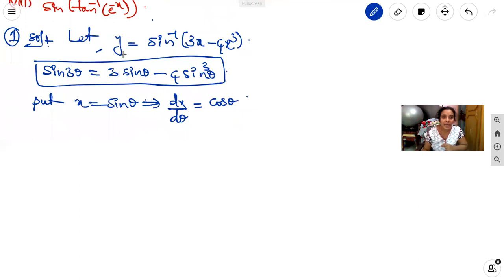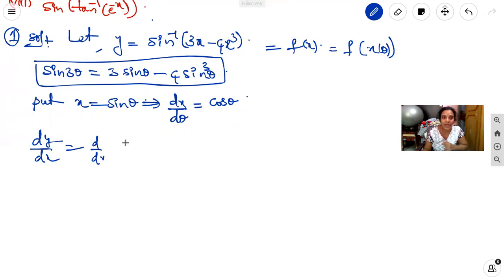Here y is a function of x, and x is a function of theta. In that case, how we differentiate: dy by dx equal to d by dx of f of x of theta, that is equal to f dash of x of theta, again dx by d theta.